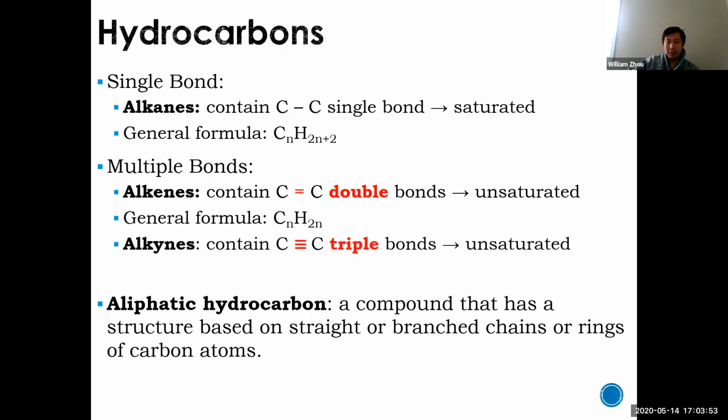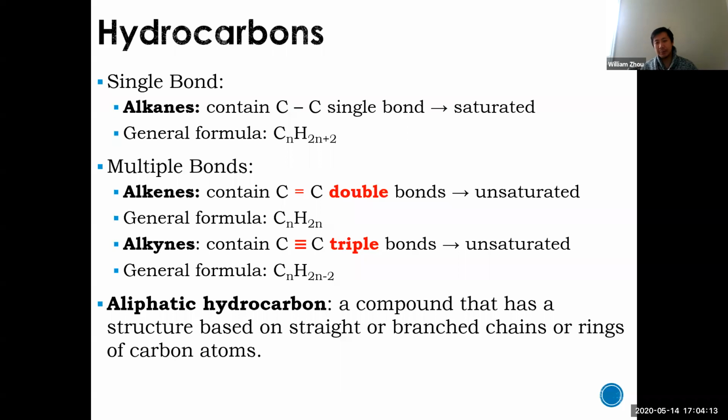And triple bonds are called alkynes, and they are also unsaturated because just like alkenes, you can break that triple bond, then you will have extra bonds available for hydrogen. So you can still add more hydrogen. So this is unsaturated, and the formula would be CnH2n minus 2.